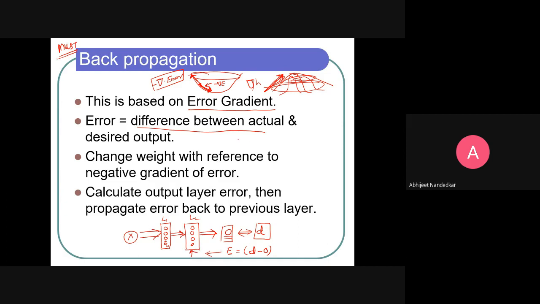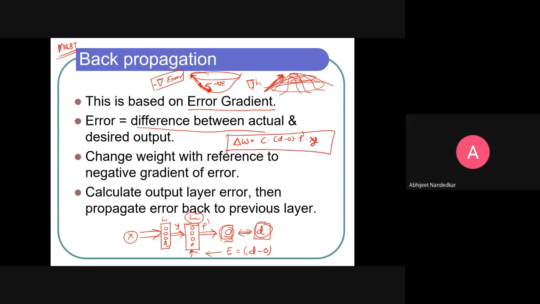Now if you remember, the change in weight for the delta learning rule is C into D minus O into F dash into input. For this L2 layer, suppose Y will act as input, and X is input for layer 1. So when you try to find the weight updation, you can directly calculate for L2 because at this last layer we have the desired response and output available. We can calculate F dash here, and then we can change weights directly.